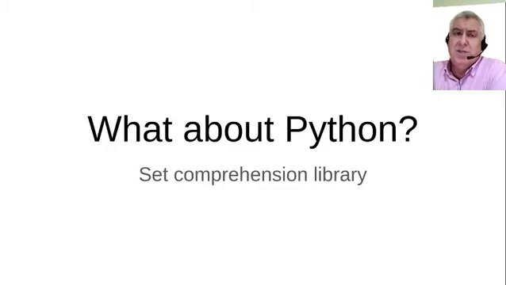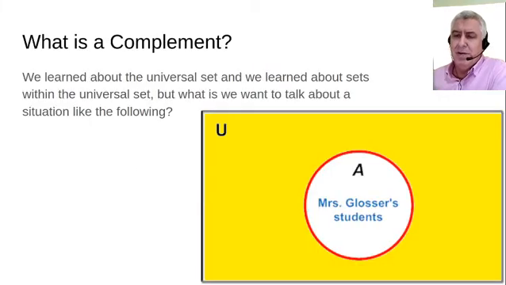Computers don't deal with infinite sets well. They don't deal with irrational numbers well. There's a lot of rational numbers that they don't deal with well. But there is a library in Python called the Set Comprehension Library, which tries to help you use something similar to set builder. If you want to investigate that, you can, but we're not going to do it today. It's way beyond what we're going to do in this 2-day camp here.